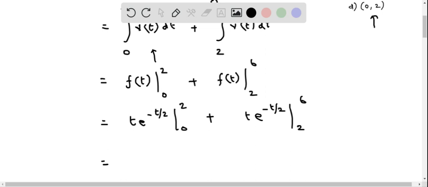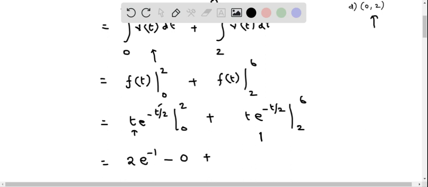So first replace the upper bound to here. This becomes 2 times e raised to the power of, if you replace t by 2, this will be e raised to the power of negative 1, minus, if we put 0 here, this will be 0, and 0 times this exponential quantity will be 0. So I put 0 here.